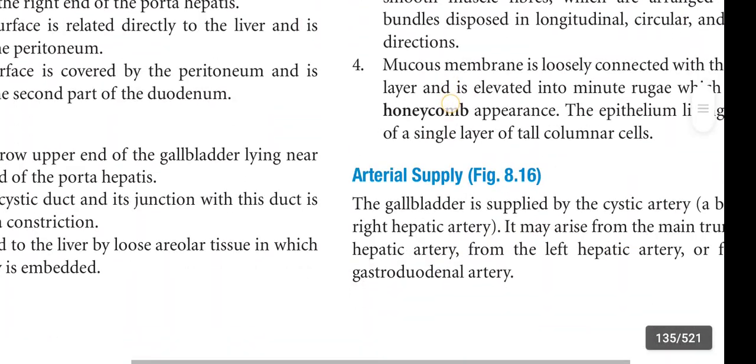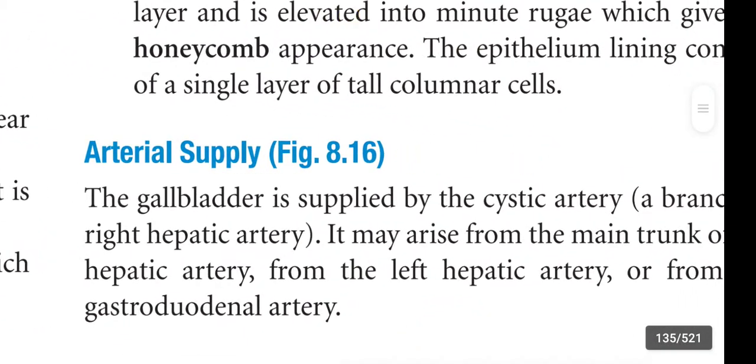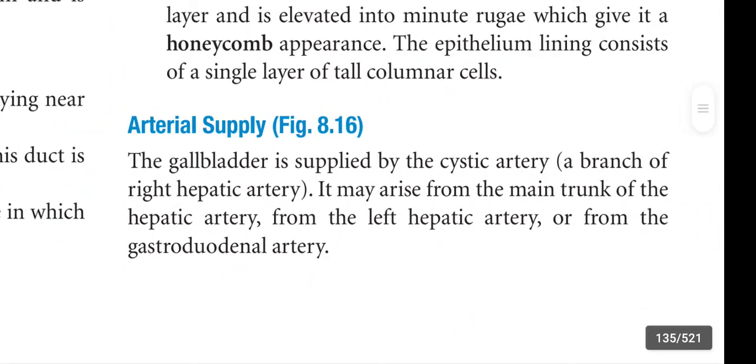Next, coming to the arterial supply. The gallbladder is supplied by the cystic artery, a branch of the right hepatic artery.